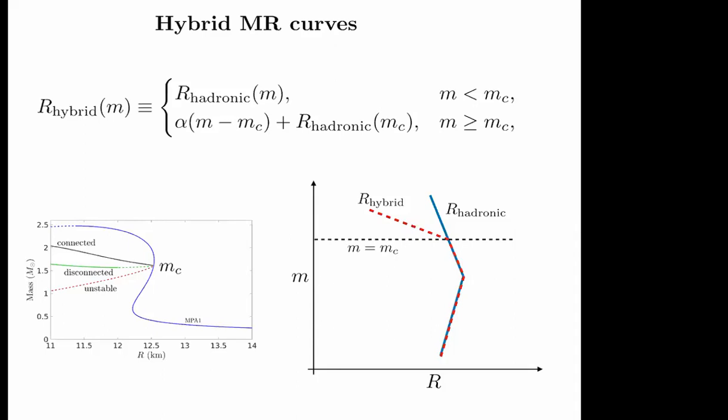And so a cartoon of this is shown in the lower right-hand plot here, where our hybrid MR curve has 3 piecewise linear segments. I'll note that if m is less than this first kink that appears down here, it'll only have, of course, 2 piecewise linear segments. Okay, everybody happy?